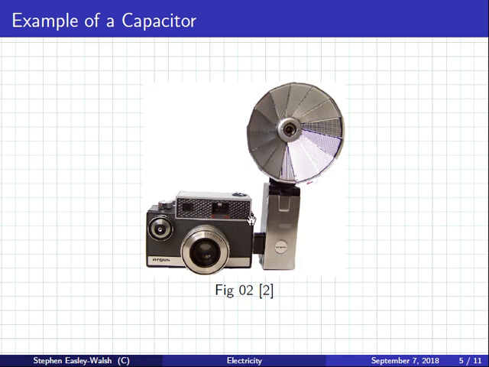What happens is there's a capacitor and the charge builds up, and when there's enough charge, it is released. You press the button and you release the charge and you get a flash. A lot of energy. This is an example of how you could use a capacitor.